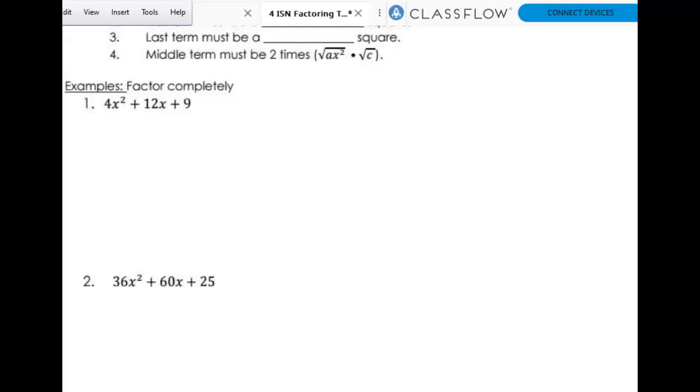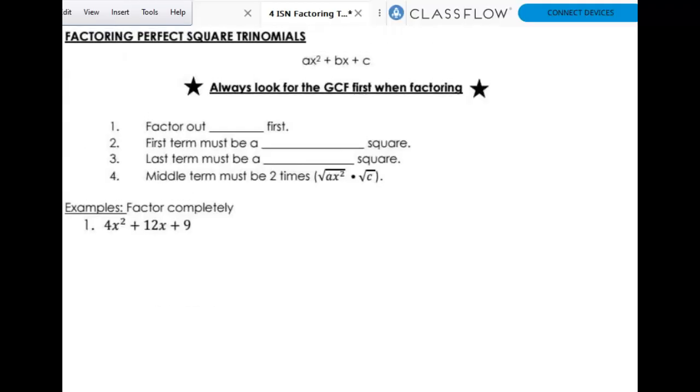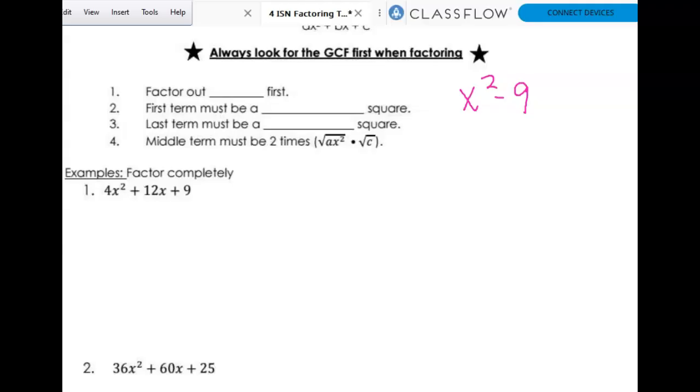So, when we did perfect squares, the difference of squares, what had to be in between them? We had x squared minus 9, right? So that gave me x plus 3 and x minus 3.